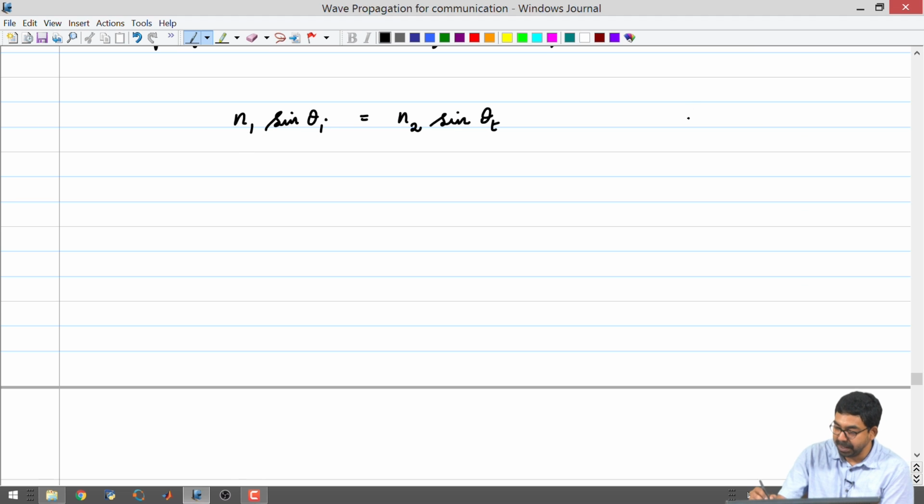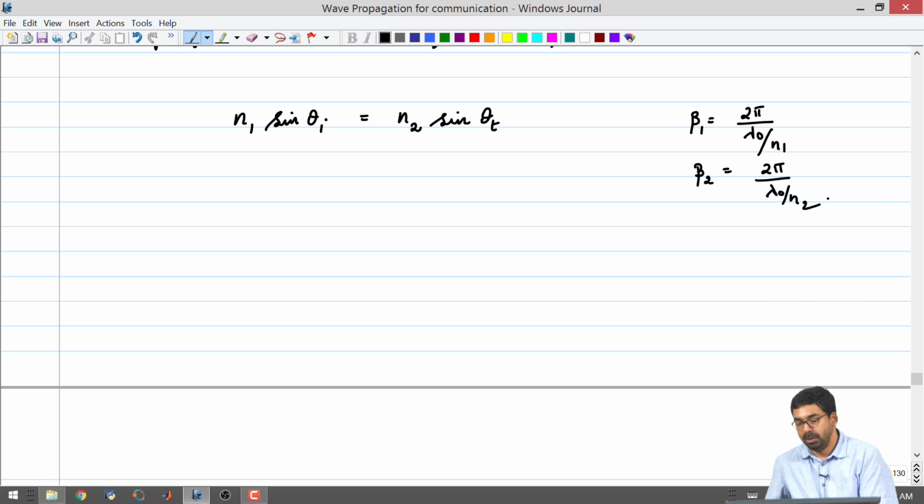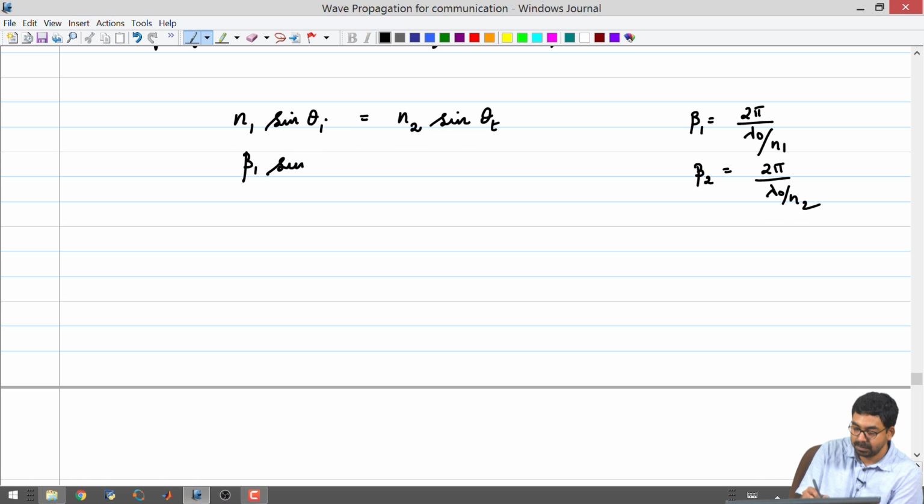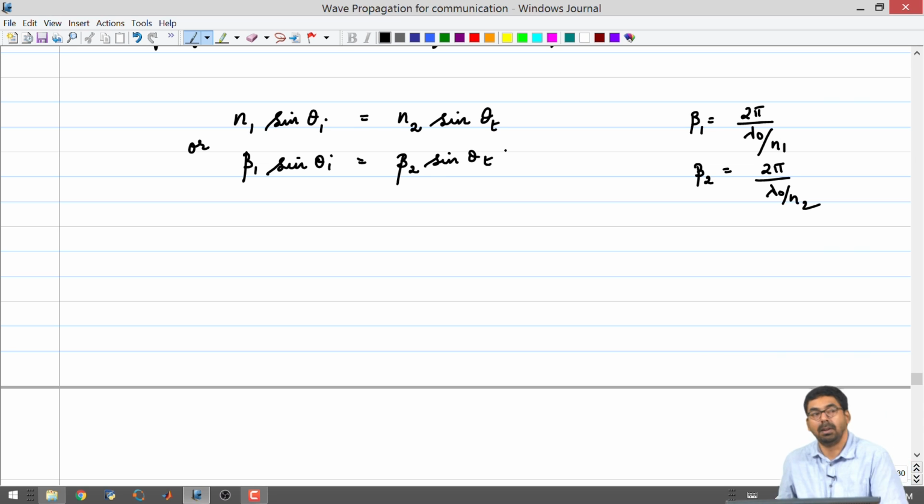You could also use betas, there is no issue, beta 1 is 2 pi divided by lambda naught divided by n1, and beta 2 is 2 pi divided by lambda naught over n2. You could also write this down as beta 1 sin theta I is equal to beta 2 sin theta t, both are Snell's law, okay.